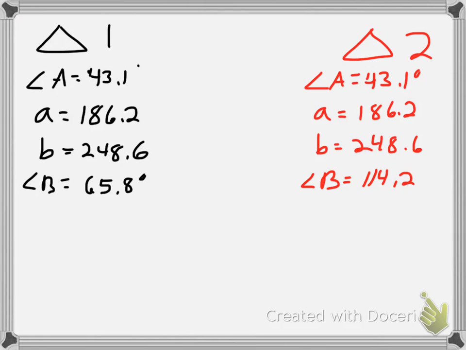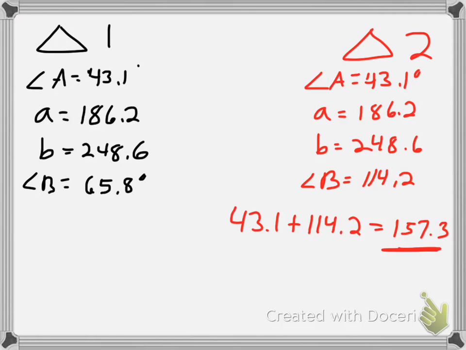Finally, to make sure that this second triangle is valid, we're going to take the existing angle, 43.1, and add it to 114.2, and let's see what we get. We get 157.3. Since that number is less than 180 degrees, that means this second triangle is valid.